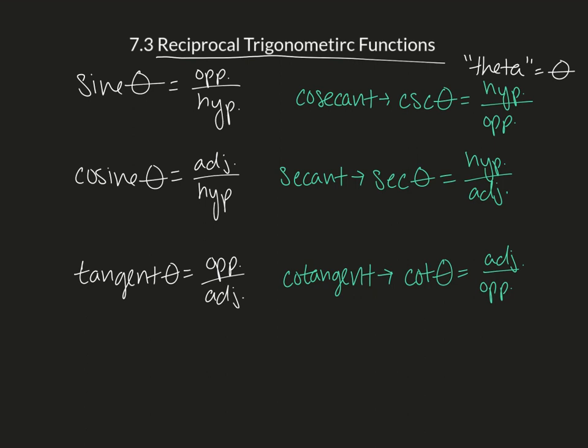To me, the way that I kind of remember these, and I hope this helps, sine and cosine, there's an S and a C, cosine and secant, an S and a C, so they don't match up. It's not like sine goes with secant, sine goes with cosecant, and cosine goes with secant. And then tangent is obviously pretty easy because they both still have the word tangent in them.